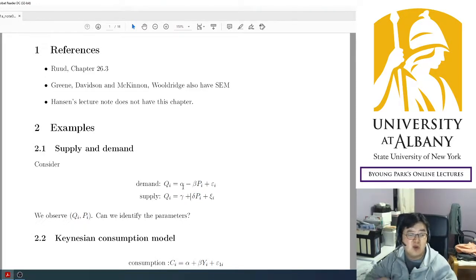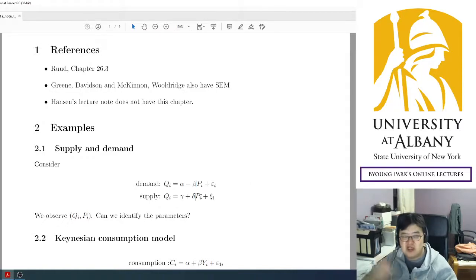Then we observe Q and P, the equilibrium quantity and equilibrium price, which are determined by these two equations. Here, we would like to identify beta and delta. Usually, that's what we are interested in. Beta is a parameter that captures the elasticity of the demand function to price, and delta is the supply elasticity.